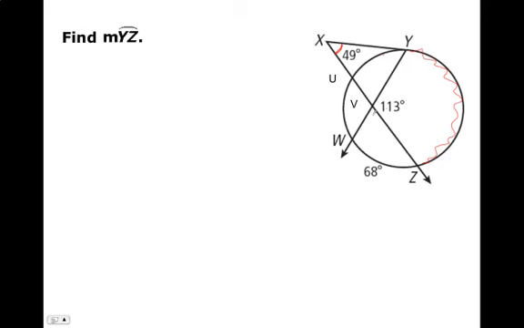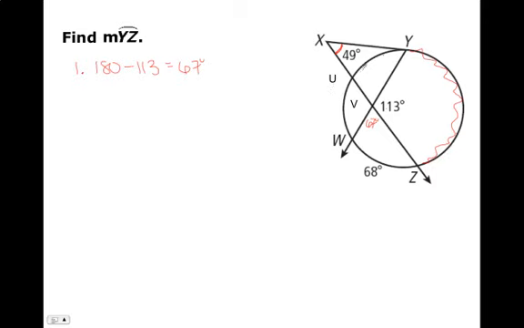But we do know this arc here, and we can find this angle by doing step 1, 180 minus 113, which gives us a measure of 67 degrees. So this angle right here is 67 degrees.